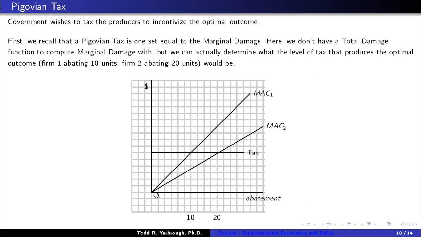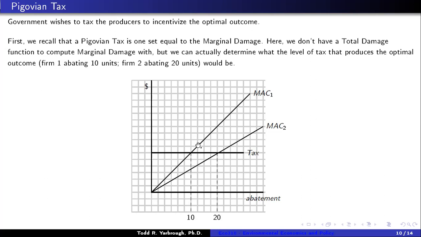We can see that's true for firm 1 up until the point where we've achieved the optimal outcome, which is 10 units of abatement. At that point, if the firm asks themselves, do I want to abate any additional units of pollution? If they do, their marginal abatement cost is now greater than the tax, which doesn't make sense.